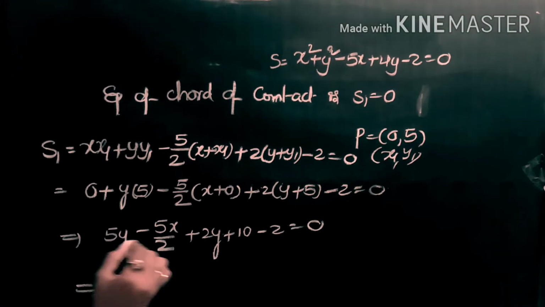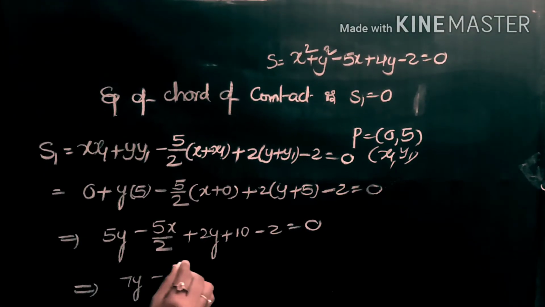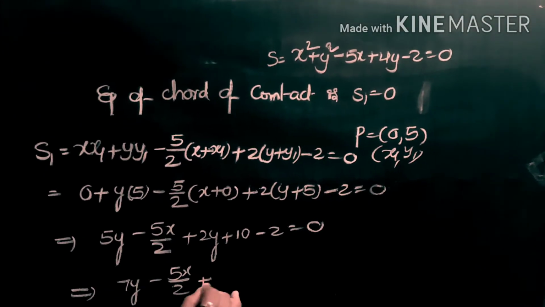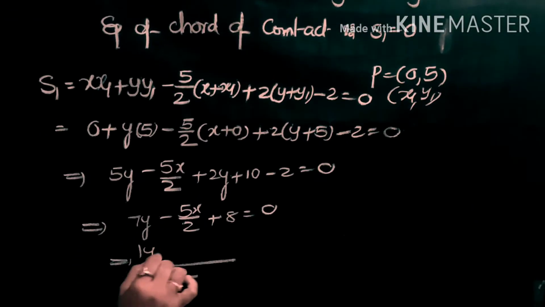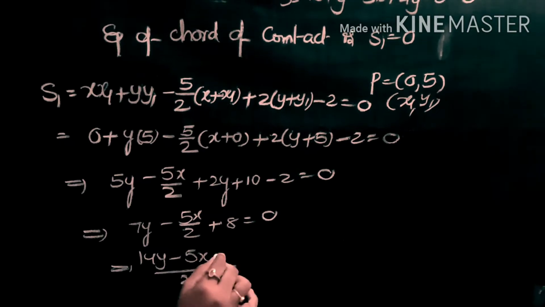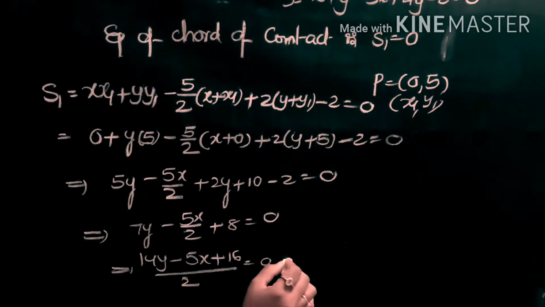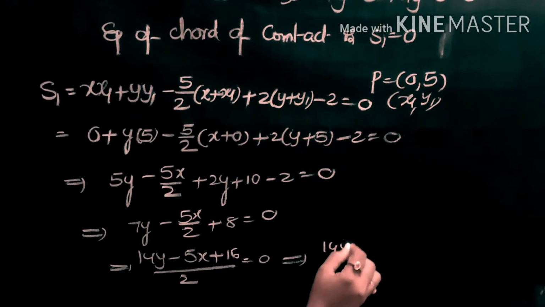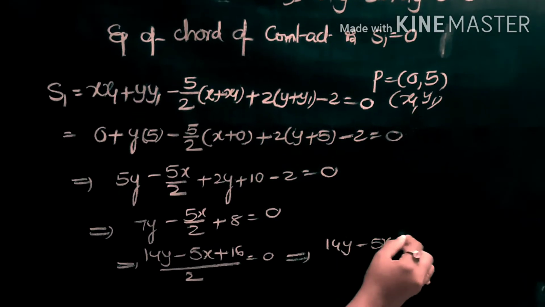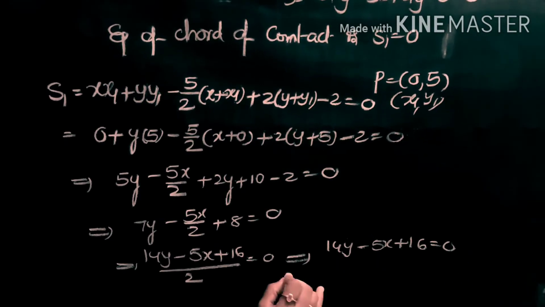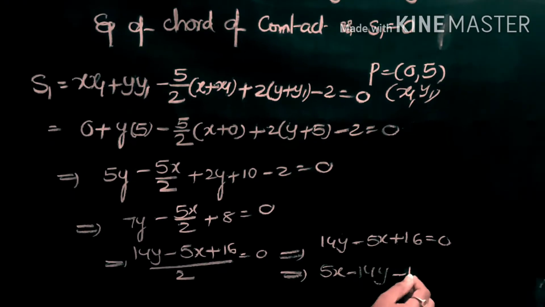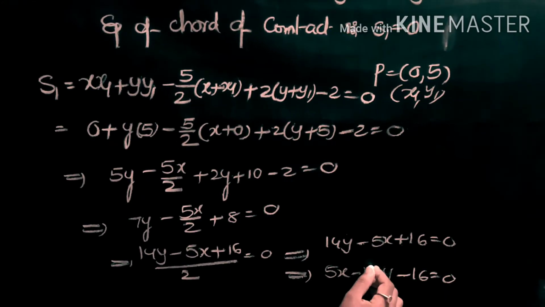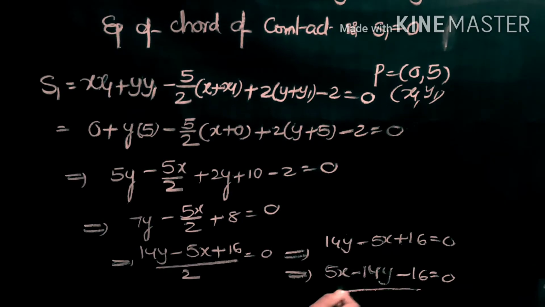That is 7y minus 5x by 2 plus 10 minus 2, 8, equals 0. Now taking LCM, 14y minus 5x plus 16 equals 0. That is 5x minus 14y minus 16 equals 0, which is the required answer.